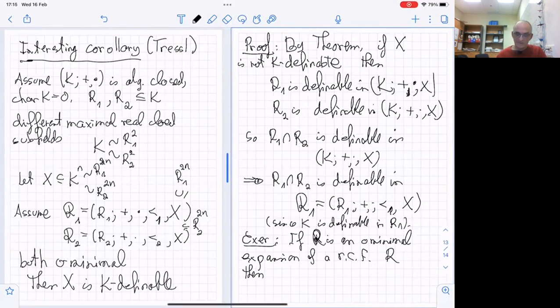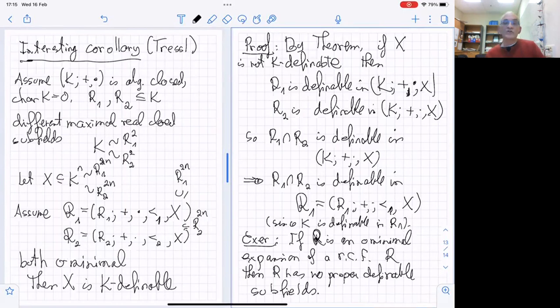Then R has no proper definable subfields. In particular, R1 intersection R2 has to be equal to R1.